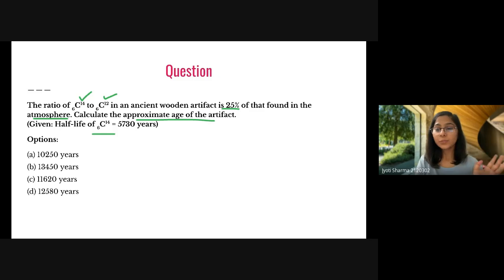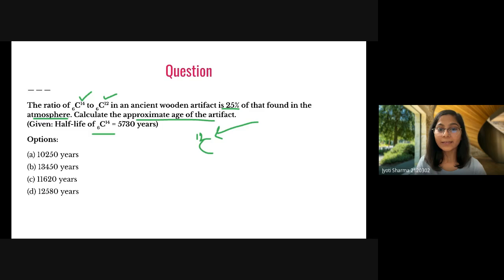Okay, so the basic thing is that initially we have carbon, and this carbon has atomic mass 12. But we have some energy that we get from the sun.